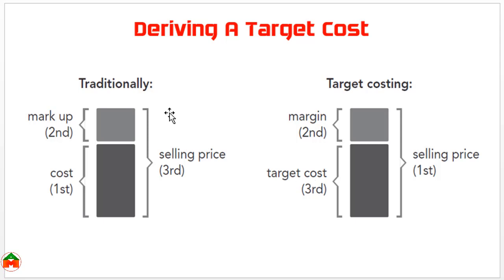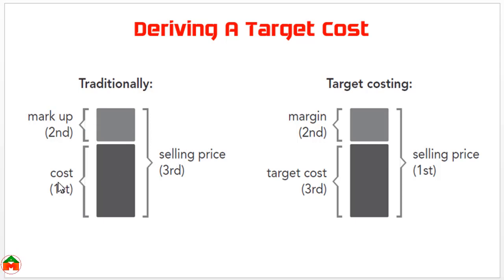But in case of traditional system, after producing the product, if you add your markup or profit, then you may find that your selling price is higher than the market selling price, and the prospective customer will not purchase your product at a higher selling price.